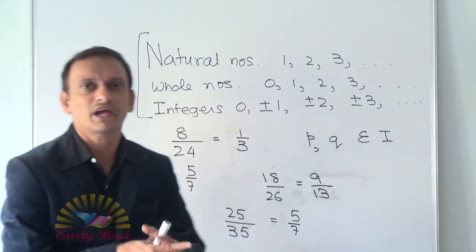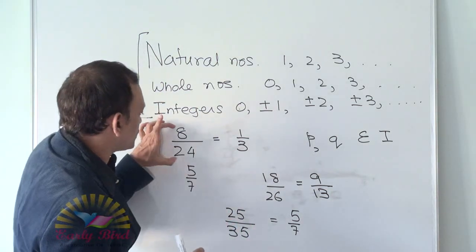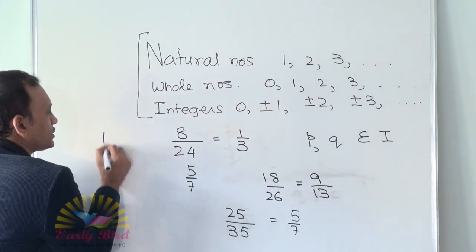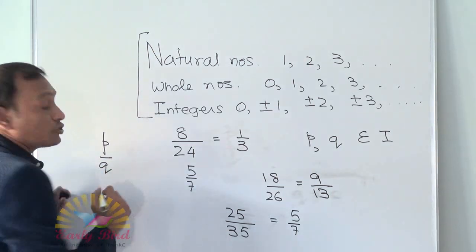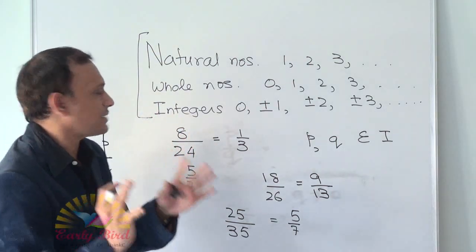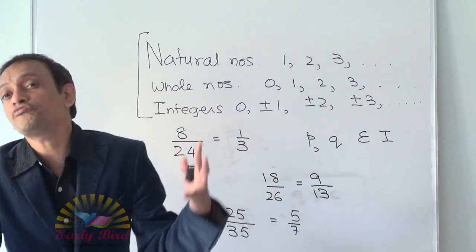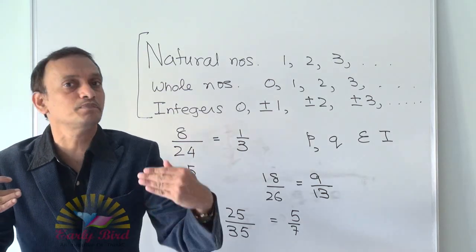Which means, at the end of the day, any rational number p by q could eventually be expressed in a manner that there are no further common factors between p and q.